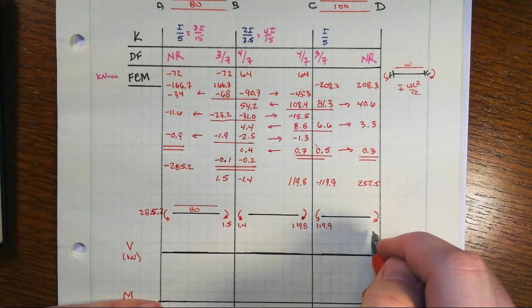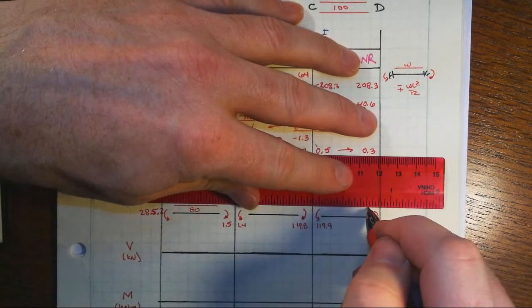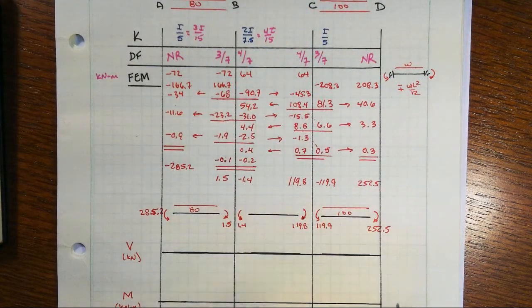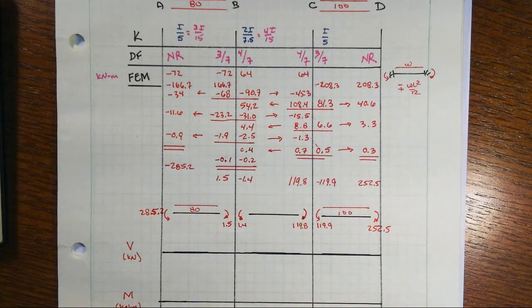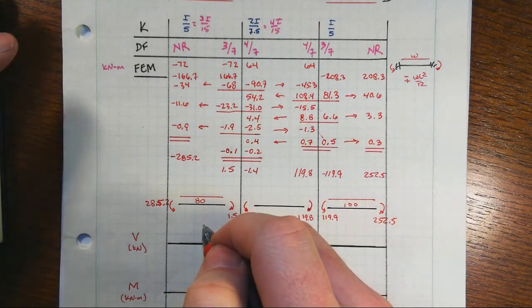And so we've got all our member end moments and applied loads shown, but we don't have any of the member end shears yet. So let's go get those.